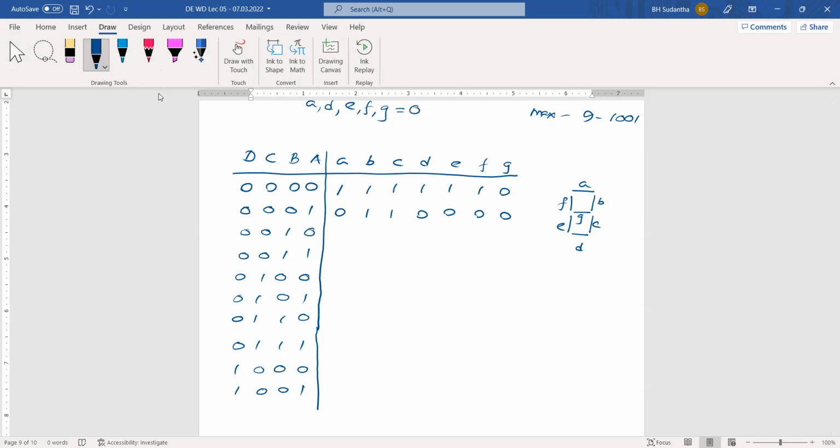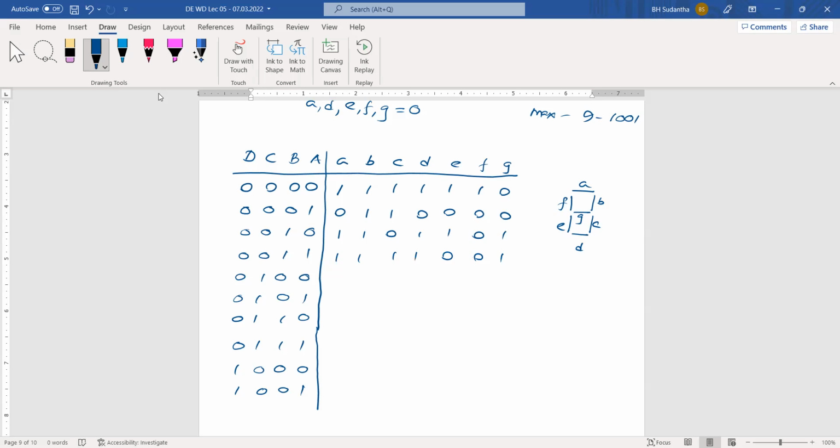What about number 2? For number 2, C and F are 0, 0, and others are 1, 1, 1. Then number 3. For number 3, E and F should be 0, 0, and these are 1, 1, 1.